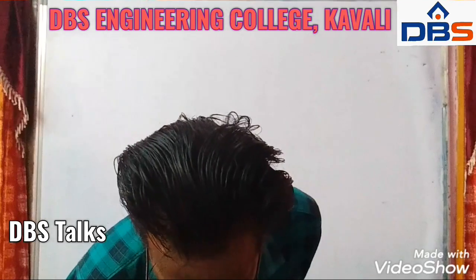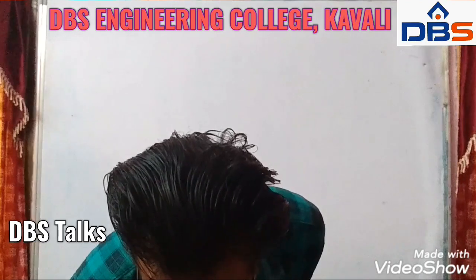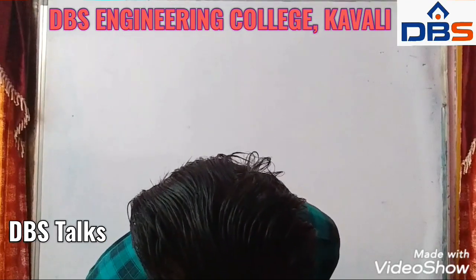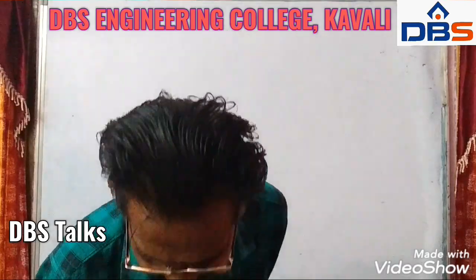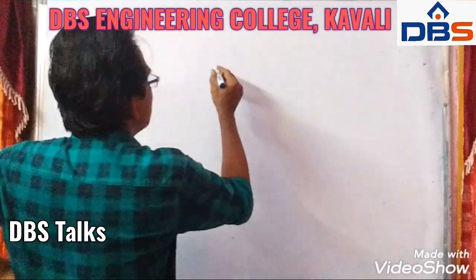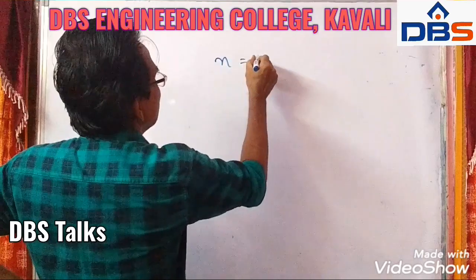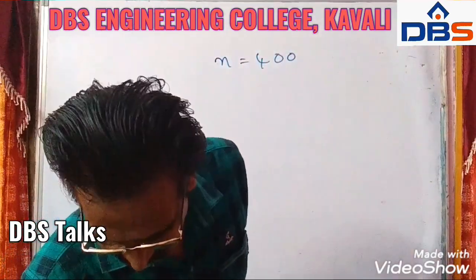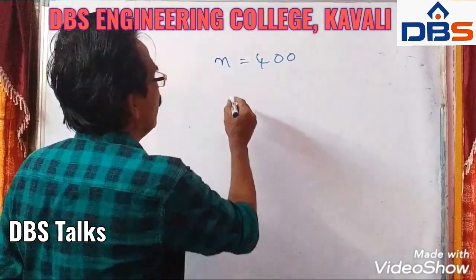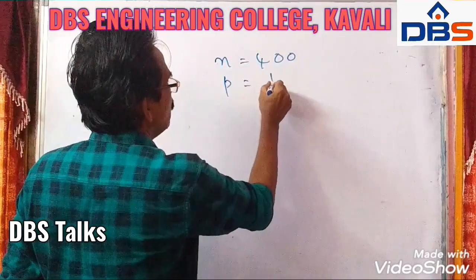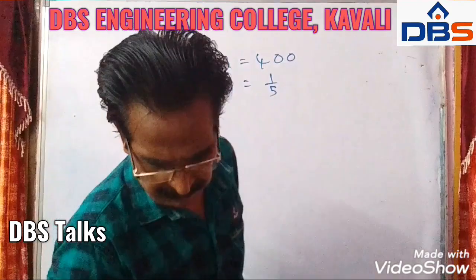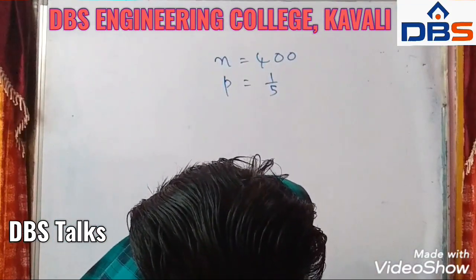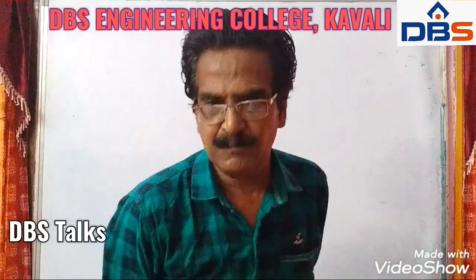Friends, in a binomial distribution, n is equal to 400, p is equal to 1 by 5, then find the standard deviation. This is nothing for you, friends. N is equal to 400, p is equal to 1 by 5, and they ask to find the standard deviation.